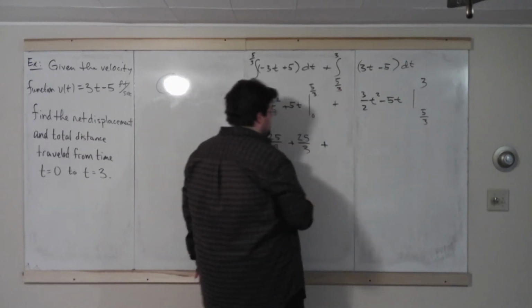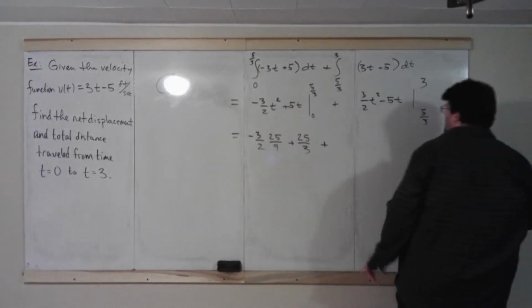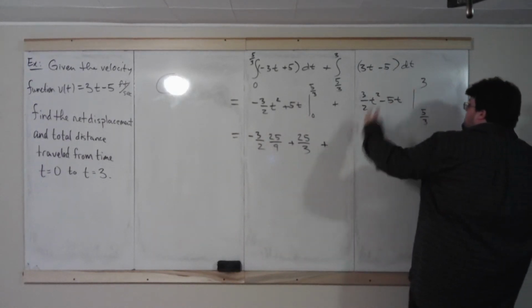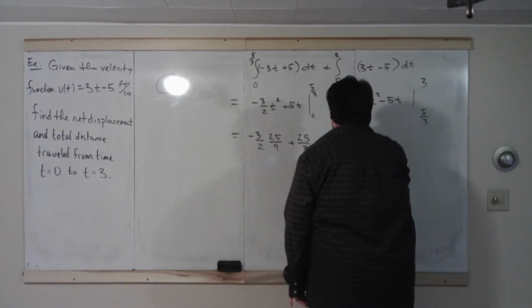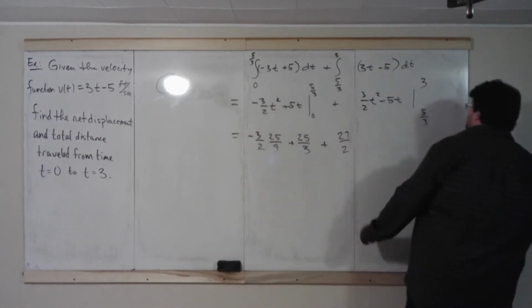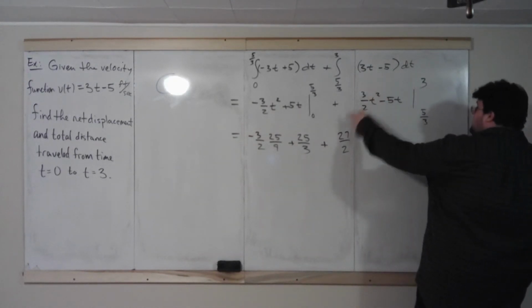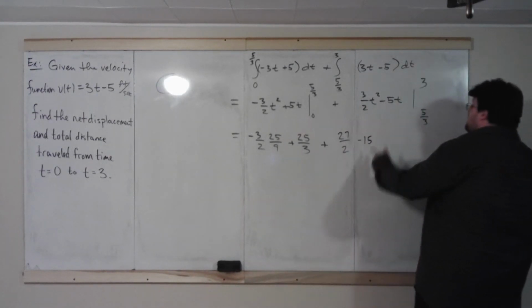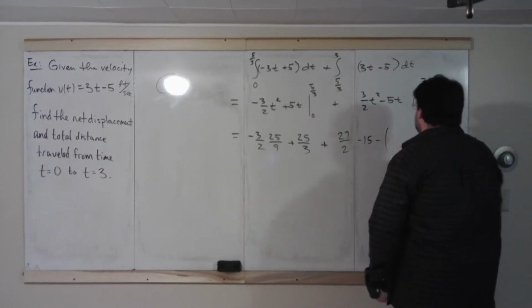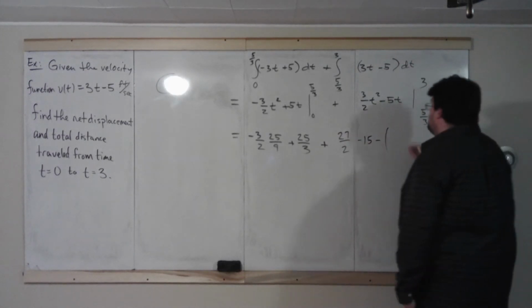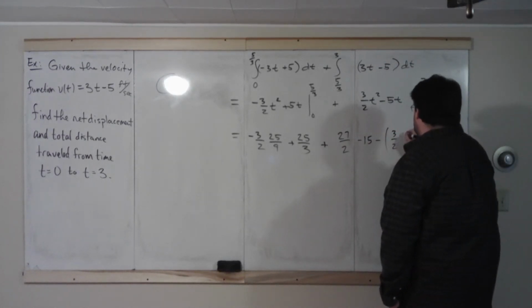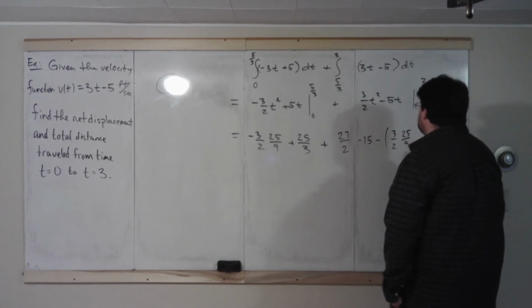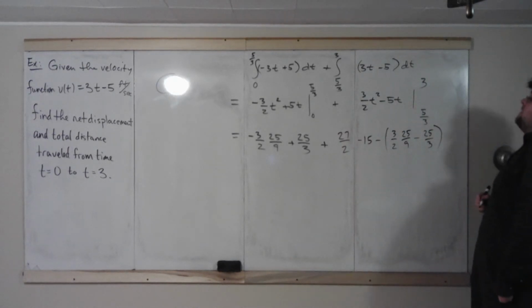Plus, well, there's no convenience over here. 3 squared is 9, 9 times 3 is 27, divided by 2, minus 15. And then we want to subtract what we get when we substitute 5/3: 3 halves times 25 ninths minus 25 thirds.